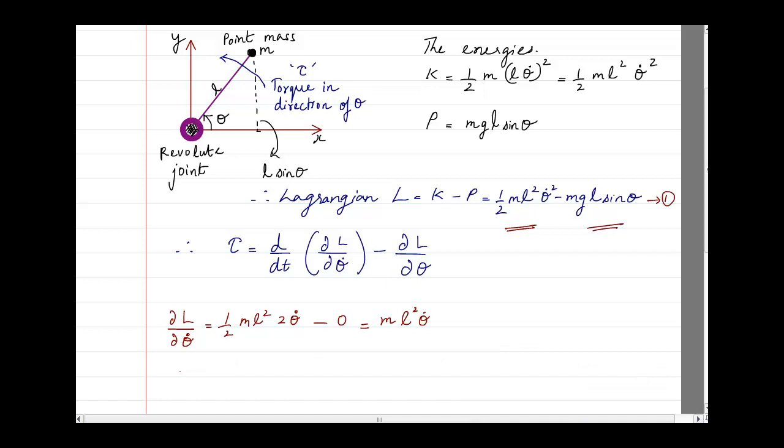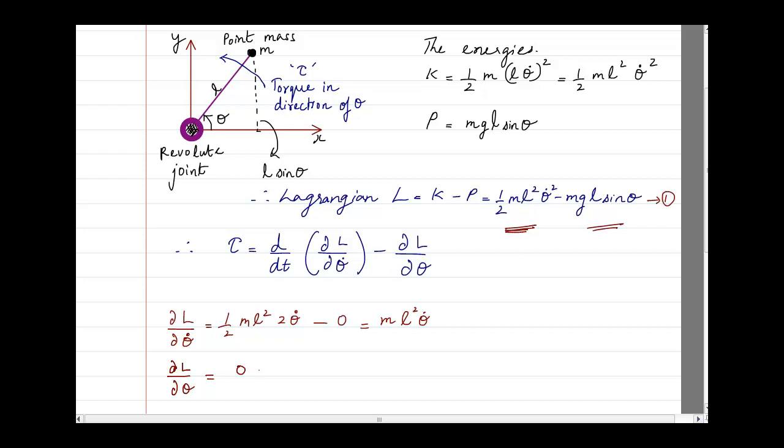Next, if we take dou L by dou theta, so again in equation 1, the first term will be totally 0. Why? Because there is no theta term, only theta dot term is there.